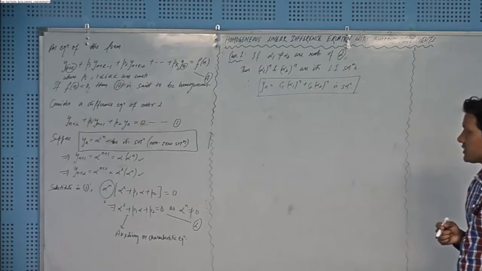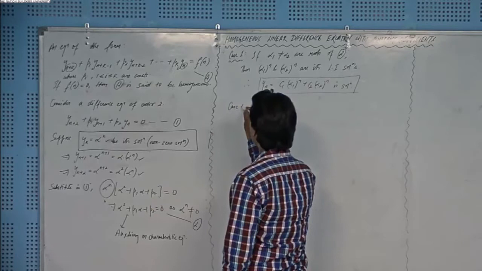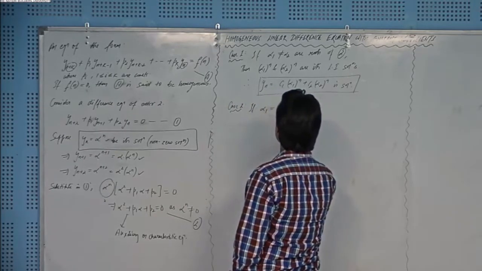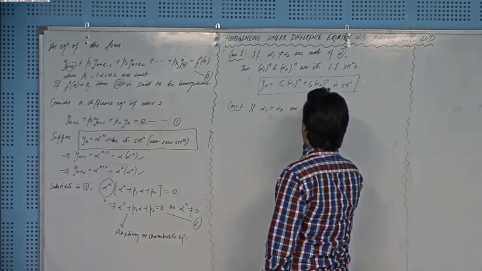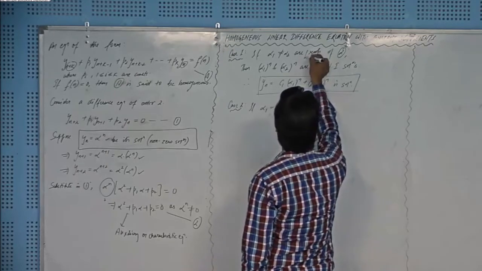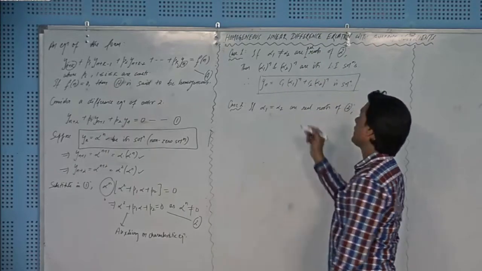And what happens when we get equal roots? That is case number 2. Case 2: if alpha 1 equal to alpha 2 are real roots of equation 2, but they are equal, right?